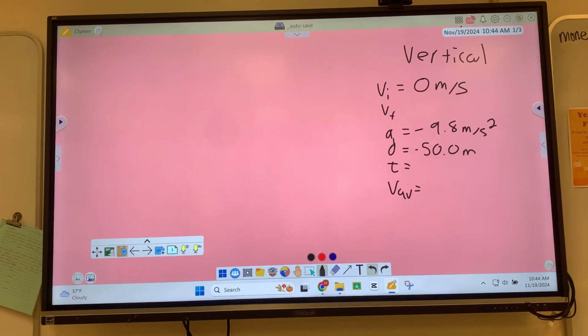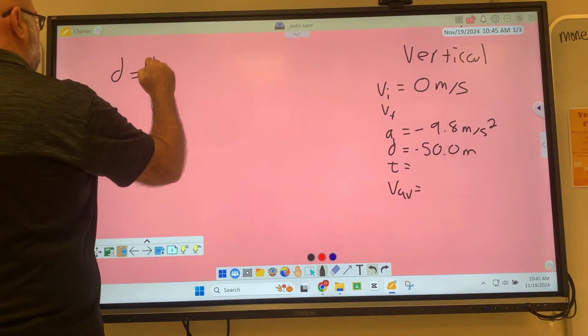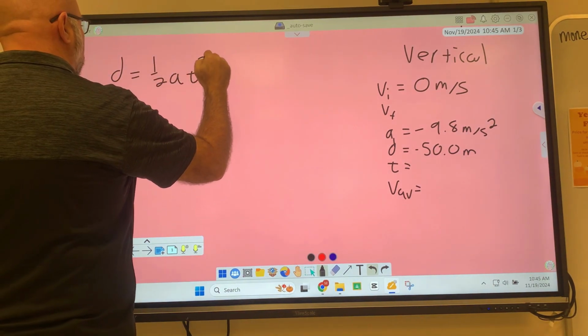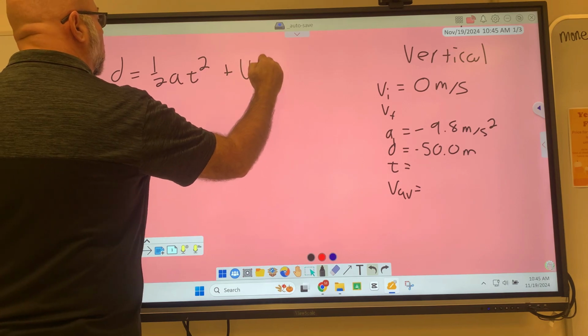Which of those equations, 1, 2, 3, 4, 5, I guess, or 6, can we use to find time? Any guesses? Any takers? Which one? Number 4. So distance equals one half a t squared plus v initial times t.